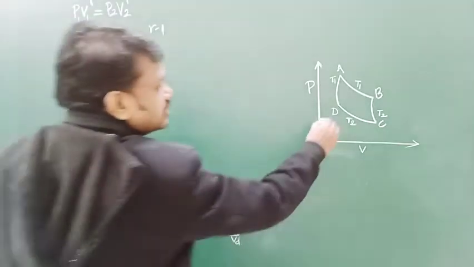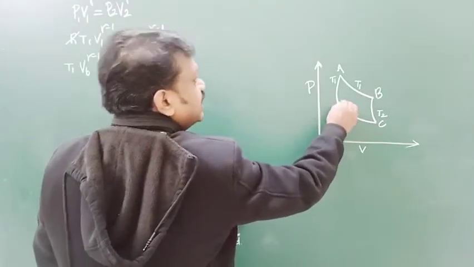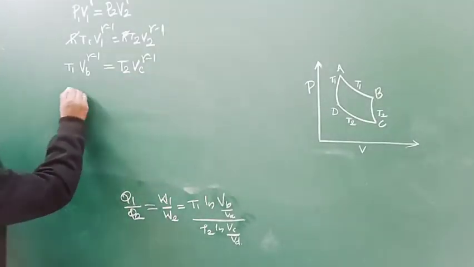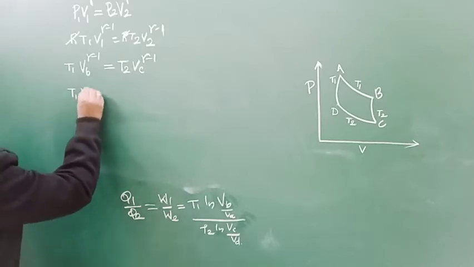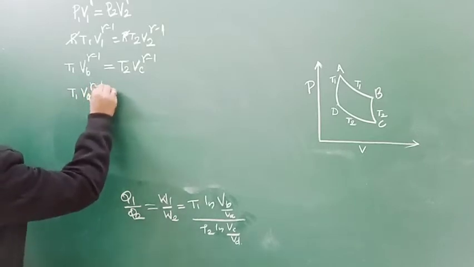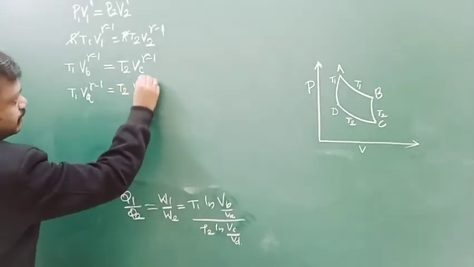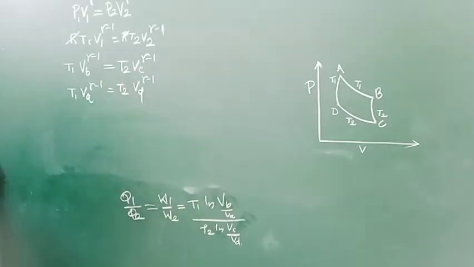Now you consider D to A, that is adiabatic compression. For D to A, we can say T1 VA power gamma minus 1 equals T2 VD power gamma minus 1. Is there any doubt for that? No chance of any doubt, since T V power gamma minus 1 is constant for an adiabatic process.